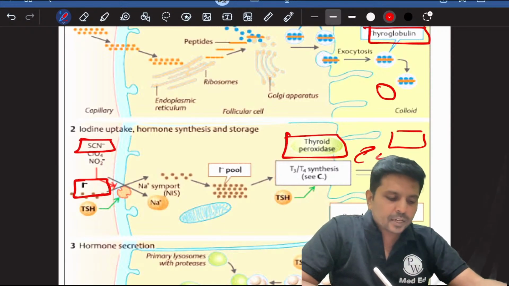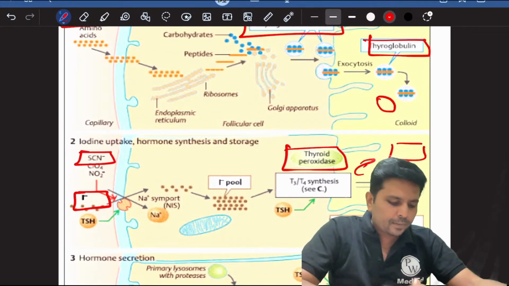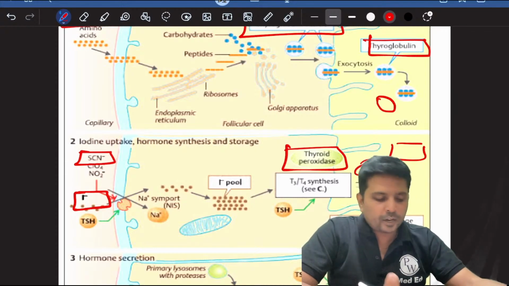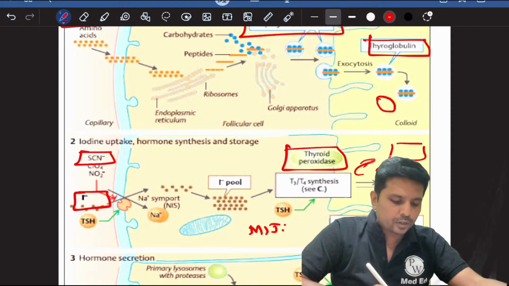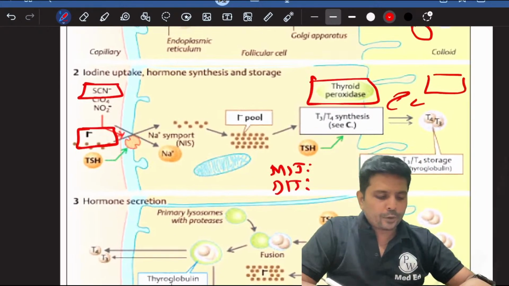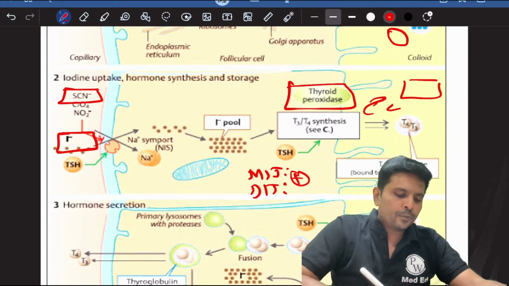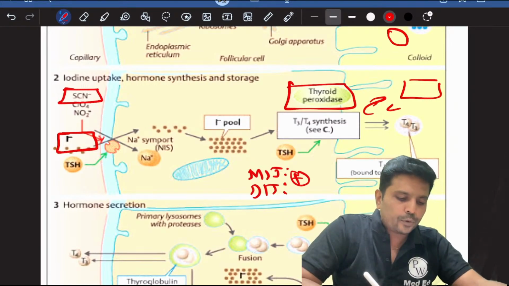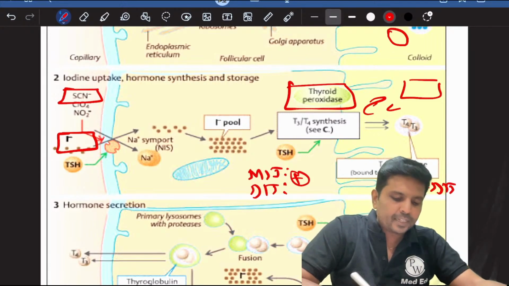And this iodine as well as thyroglobulin form something called monoiodotyrosine and diiodotyrosine. When one monoiodotyrosine and one diiodotyrosine combine, they form T3.